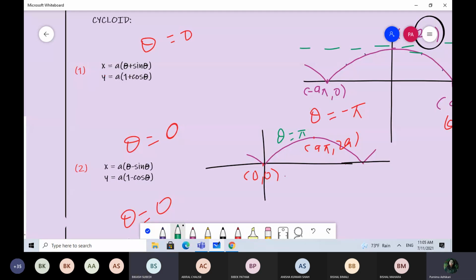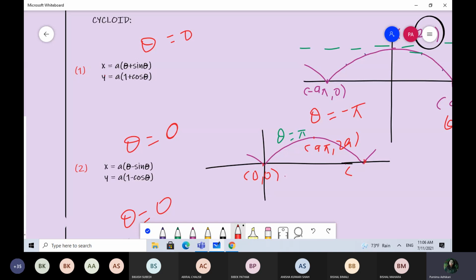So what about this point here? What is the value of theta? What is the value of x and y? Here, quickly. Very easy to guess.